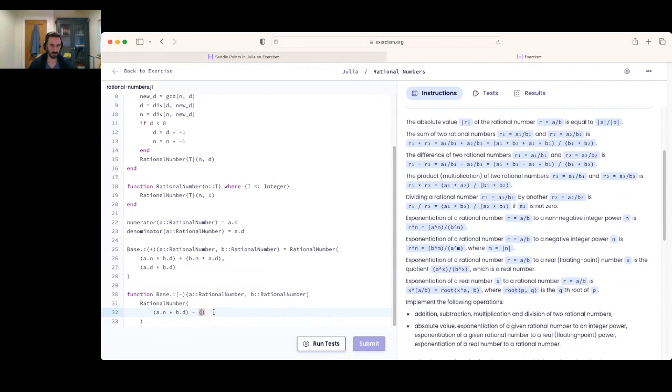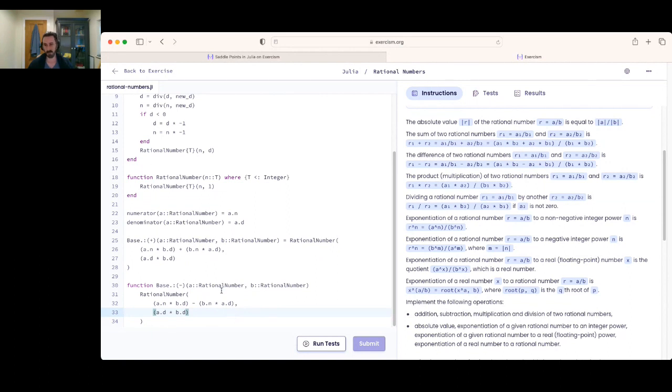No, I'm going to get this. It's the B dot numerator times A dot denominator, and all that is going to be over same thing, B1 times B2, so A dot D times B dot D.